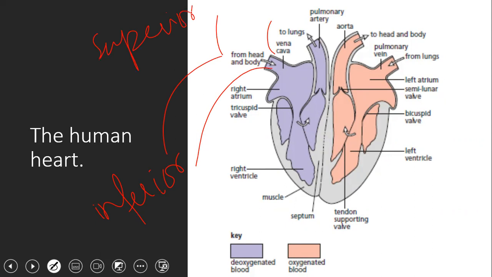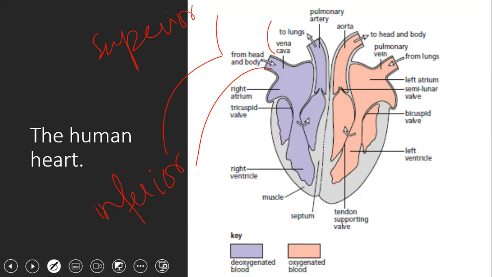The superior vena cava is bringing the blood from the head and neck. The inferior vena cava is going to bring the blood from the rest of the body, and all of this is going to return back to the heart.